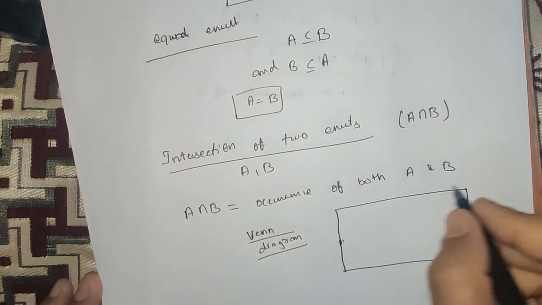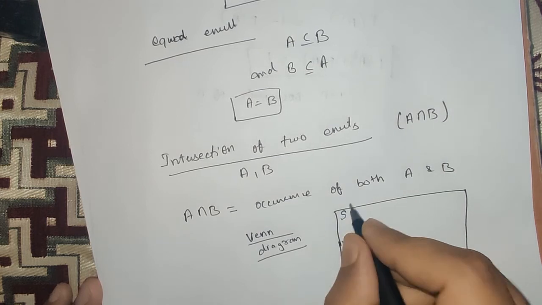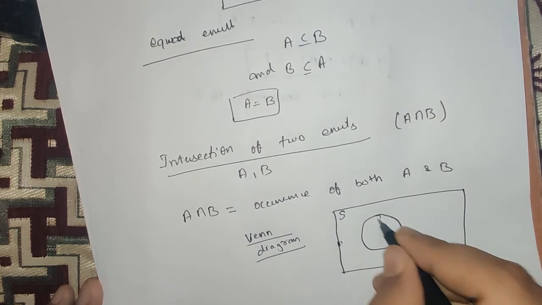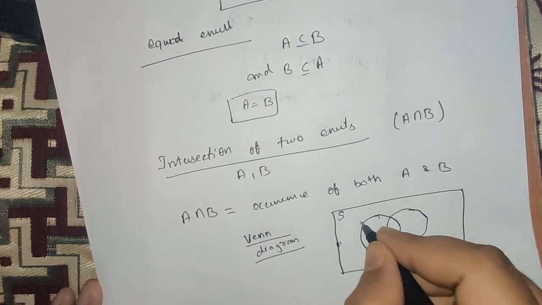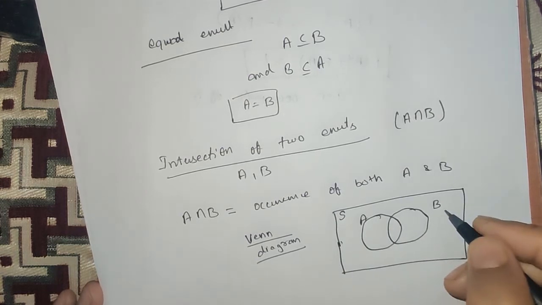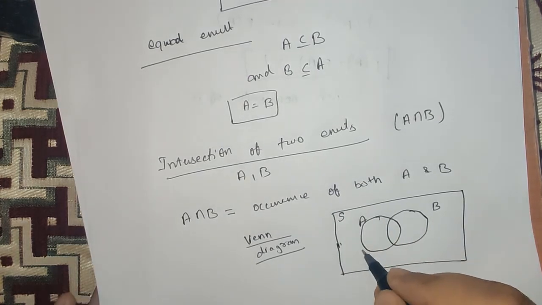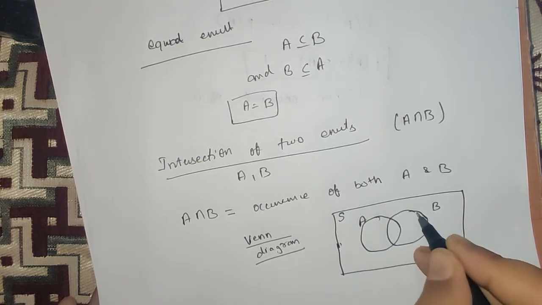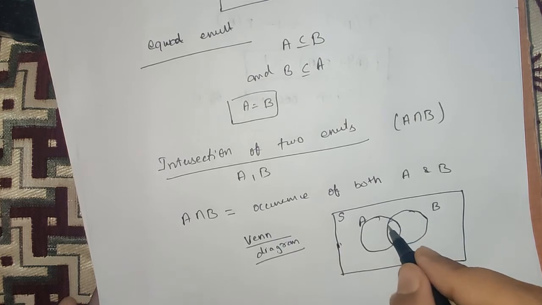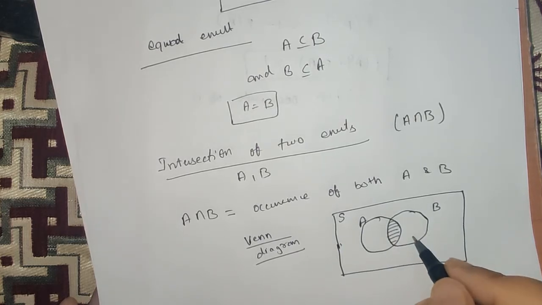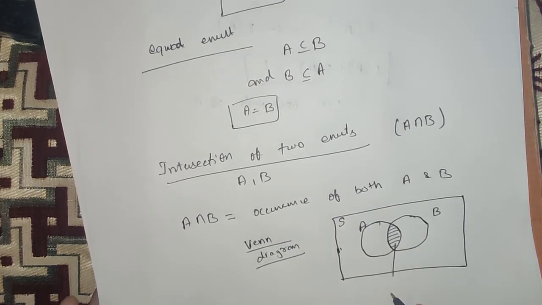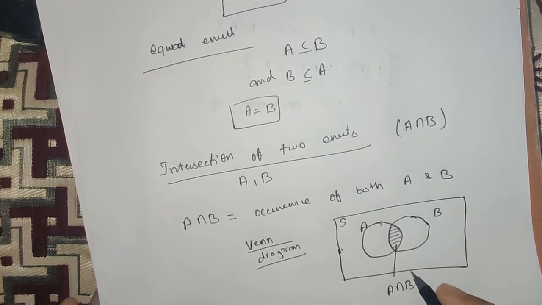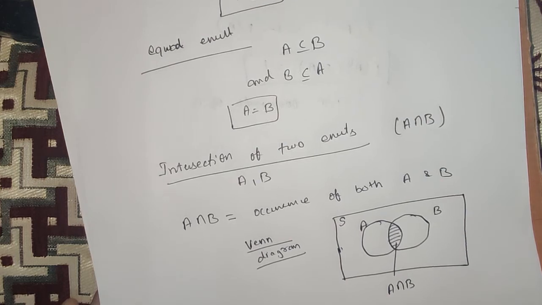If this box is the sample space S, this is A and this is B. This is the occurrence of A, where only A occurs. This is the occurrence of B, where only B occurs. This part is A intersection B, where both A and B occur.